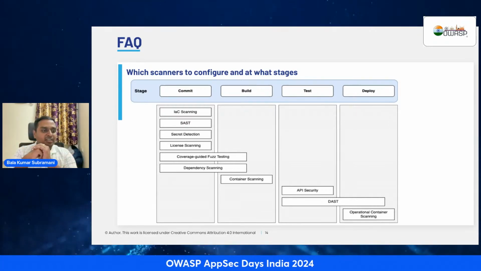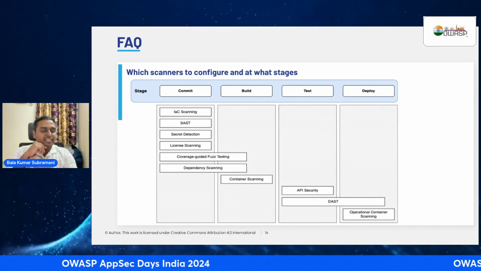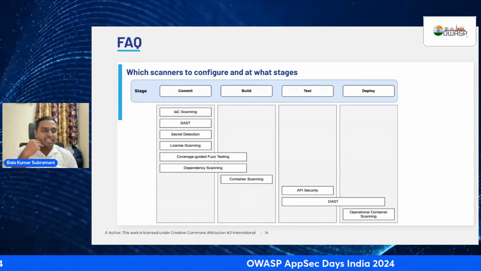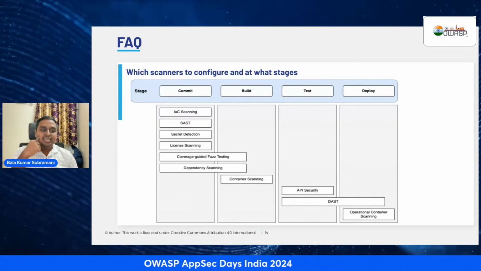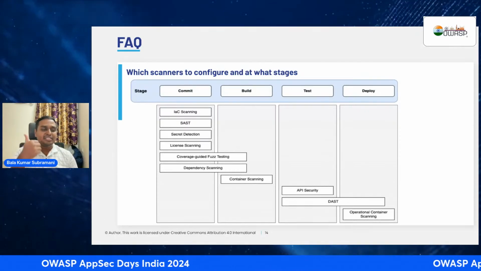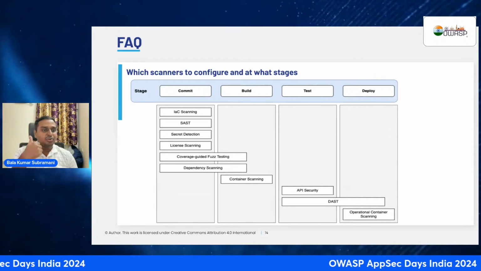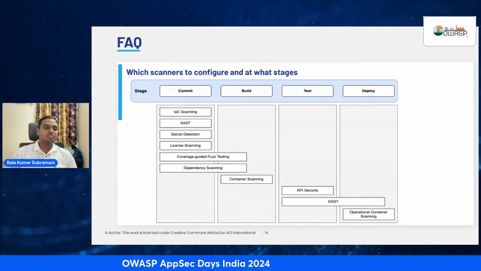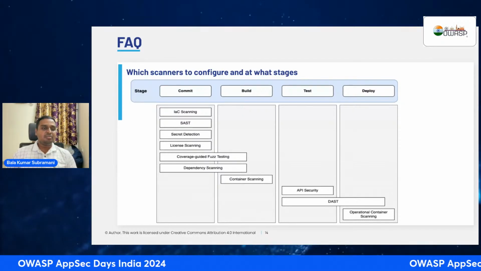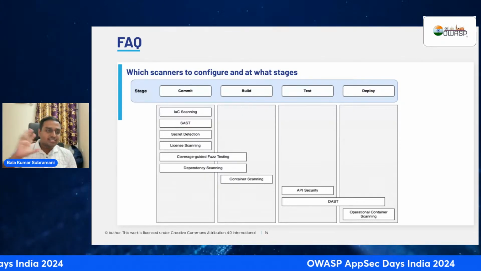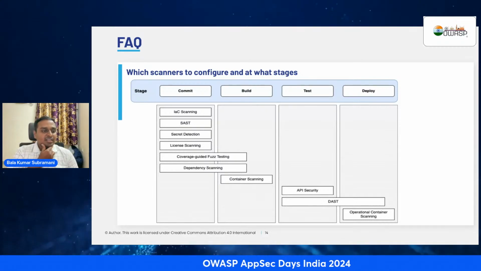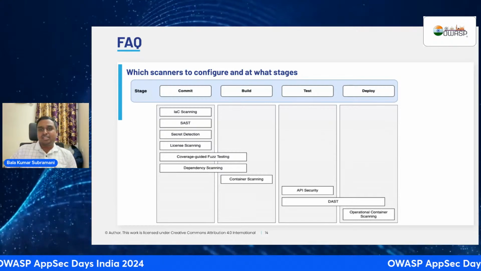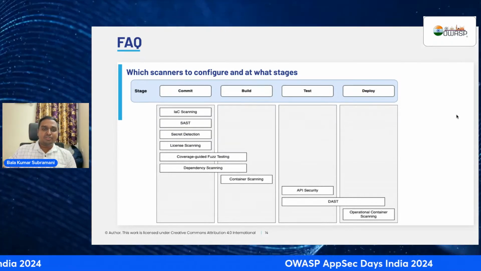We looked at scanners, how to configure scanners in your CI/CD pipelines, then how we look at reports generated by those scanners, and once those vulnerabilities are identified, how we can use the AI integrations in these DevSecOps platforms to come up with fixes for these vulnerabilities. So that just covers the entire life cycle, and this comes to the last topic of my talk, which is an FAQ.